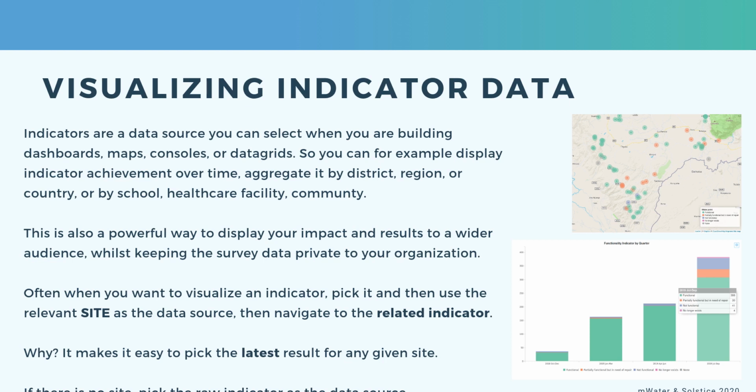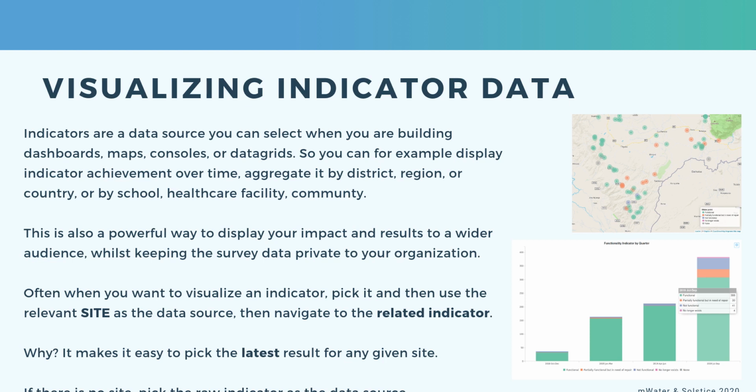Now, just a practical tip, when you're building visualizations, often you want to visualize it by picking the relevant site as the data source, and then navigating to the related indicator. And I'll show this in practice. Why? Well, often if you want to map data or view results, you want to see the latest result for any given site. Then the system understands it best when you start with the site as the data source.